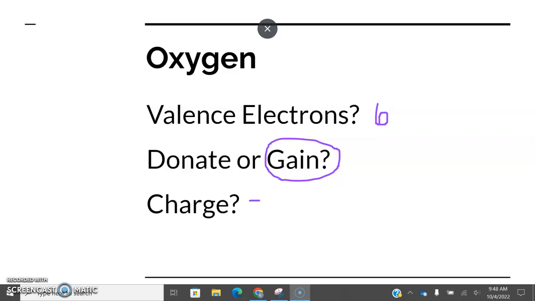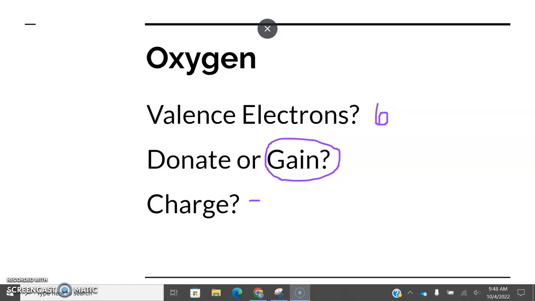Here is where this is different from the metals. So the metals, their valence electrons, when they kick them off, that's their charge. For the nonmetals, you have to pay attention to what the number would be that fulfills the octet rule. Okay? So here we've got 6 and we want to get to 8. So the charge here is the number that it's going to take to get to 8 from 6, right?